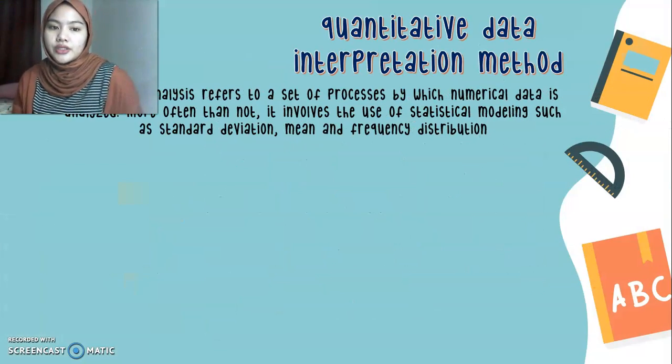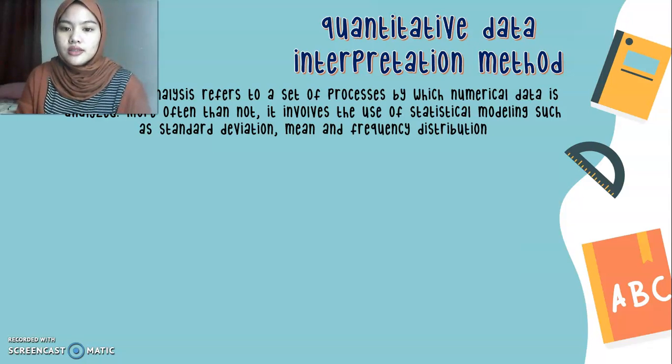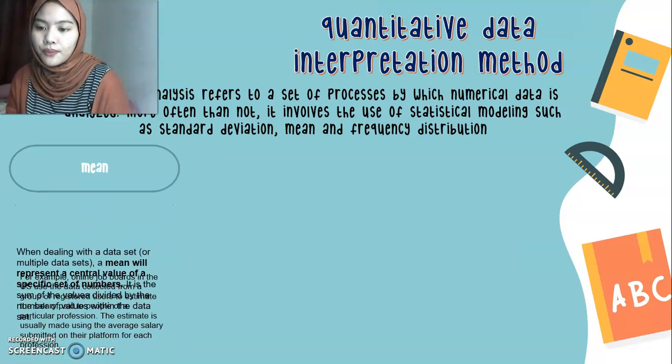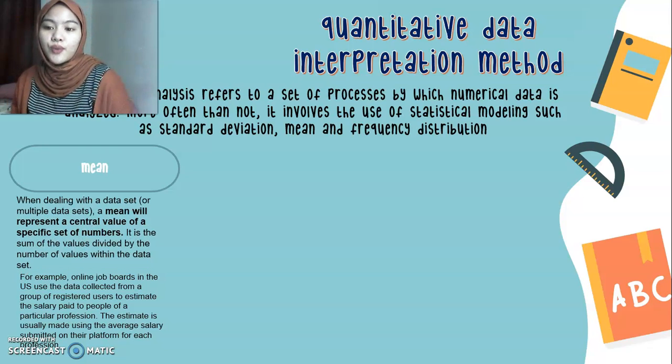Quantitative data interpretation method refers to a set of processes by which numerical data is analyzed. More often than not, it involves the use of statistical modeling such as standard deviation, mean, and frequency distribution. When dealing with a dataset, a mean will represent a central value of a specific set of numbers.